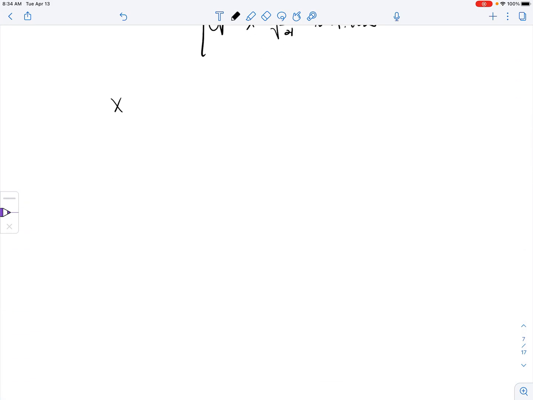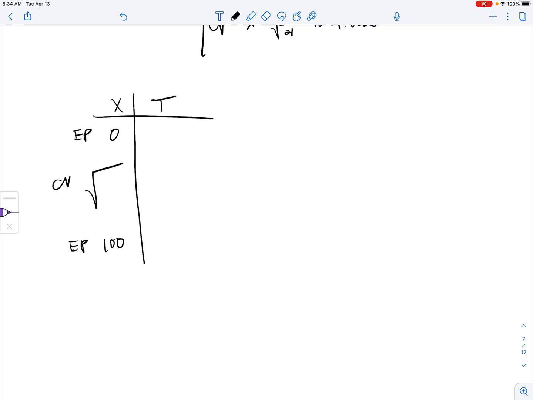That means the extreme value theorem applies. And we'll use our endpoints as well as our critical value. And I'm going to use the exact value for the critical value.